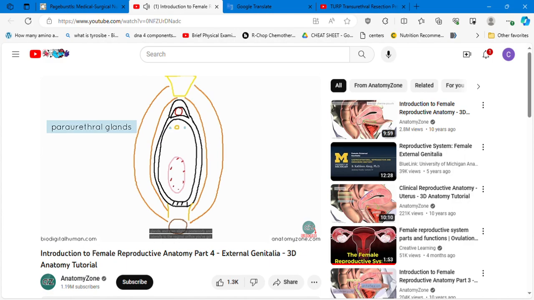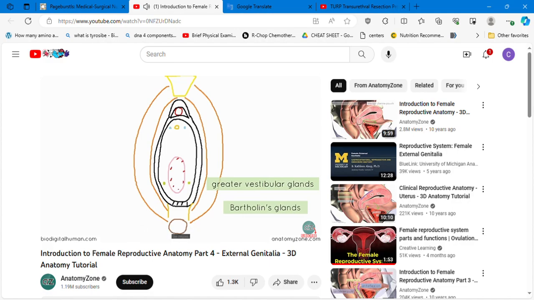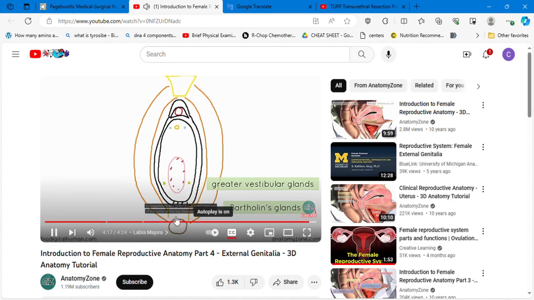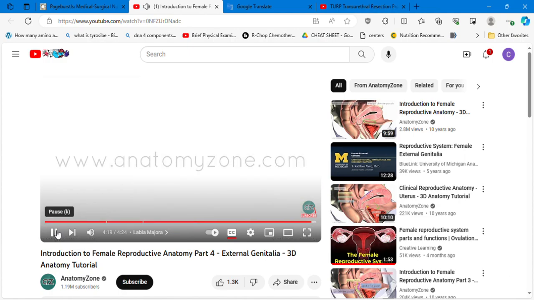Then slightly posteriorly and laterally to the vaginal orifice, you've got two glands which open, called the greater vestibular glands. These glands are also called Bartholin's glands, and they secrete mucus to lubricate the vagina. Hopefully that's given you a good overview of some of the key features of the female external genitalia.